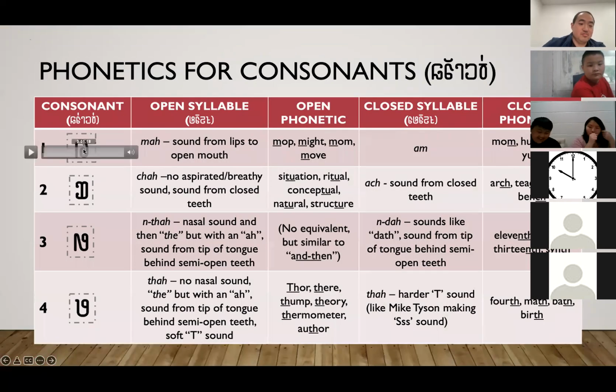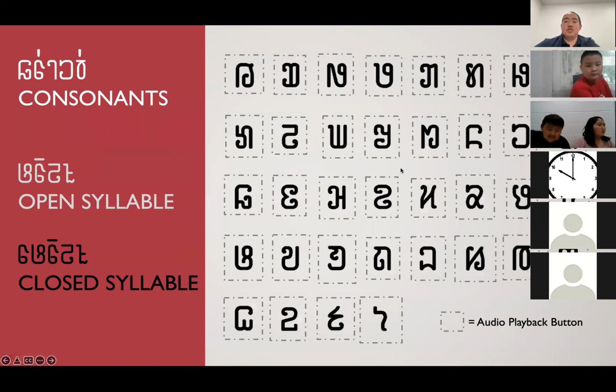Okay. Mochi, what about this one? Oh, actually, sorry, this one, Mochi, right here. I don't remember that one. You don't remember this one? Okay, what letter does this one look like?